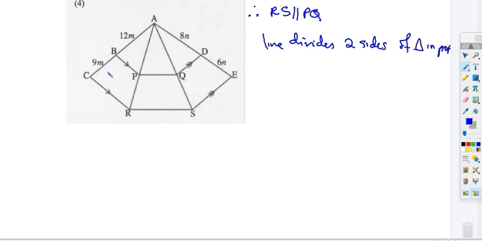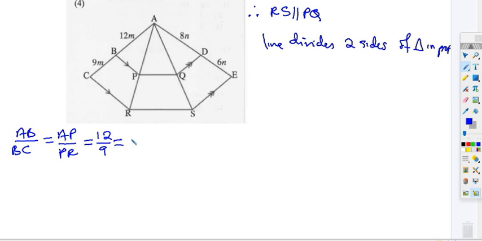Let's use the previous theorem. That previous theorem was saying if the lines are parallel, then they divide the two sides in proportion. Okay, so we are saying here AB over BC is equal to AP over PR, and that is equal to 12 over 9.